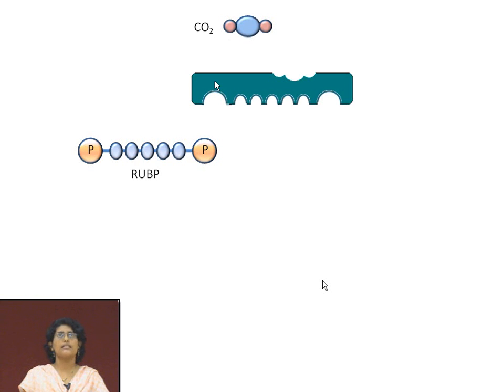This is RuBP, ribulose bisphosphate, with 5 carbon atoms and 2 phosphate groups. There is atmospheric carbon dioxide which is absorbed by the leaves through stomata. In the presence of the enzyme Rubisco, these 2 molecules bind with the enzyme Rubisco.